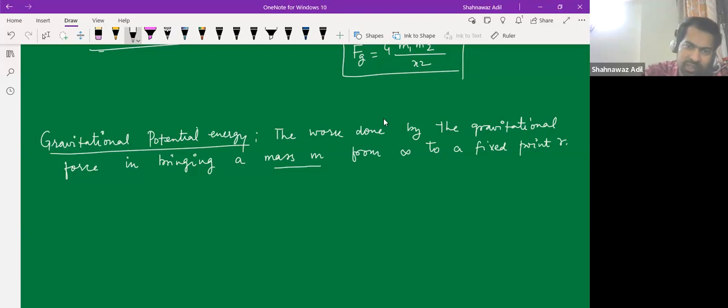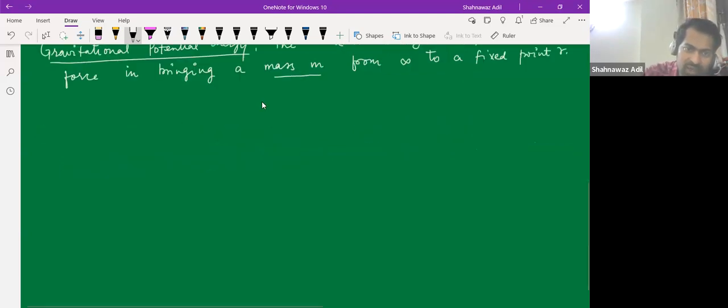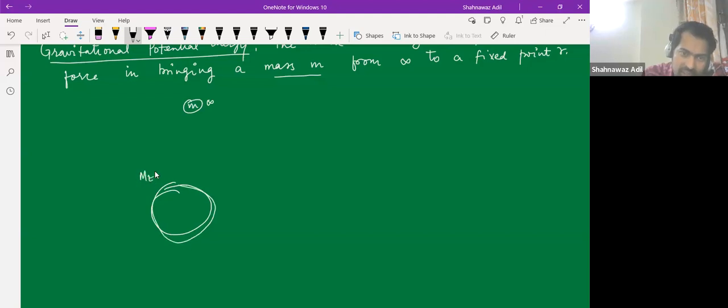Let's say you have a mass m at infinity, and it is brought by this gravitational force, due to the mass of the earth, from infinity to this point. Let's say this distance is x, and we are taking this x from here to here.